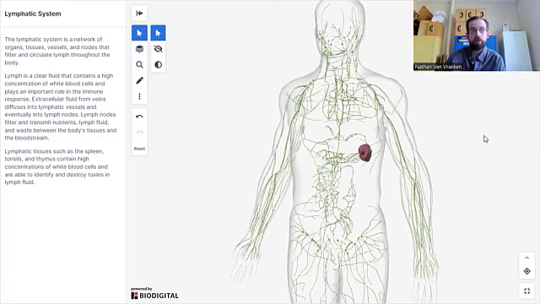keep our bodies safe. And so when we think about it, when someone has an infection, the germs are being collected and destroyed within those glands.